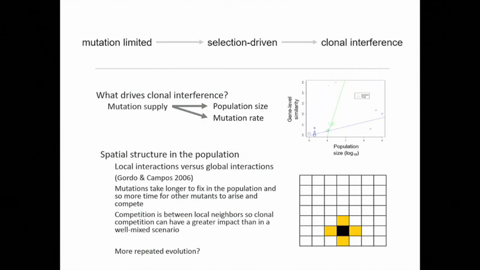So we're thinking about this as potentially an important driver of repeated evolution. If we have increased clonal competition, we expect that after adaptation has occurred, you're more likely to see that highly beneficial mutation having won out repeatedly, over and over, when there is this chance for clonal competition to occur. So we're trying to explore the possibility that simply having spatial structure in a population is going to make things more repeatable.